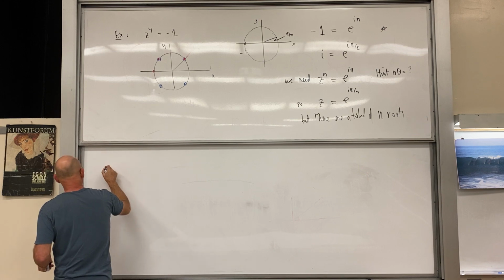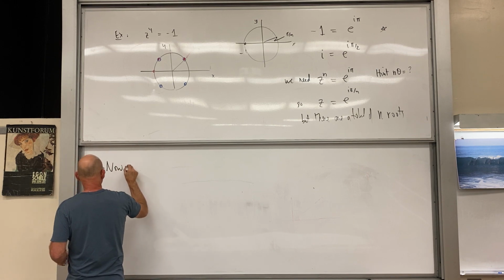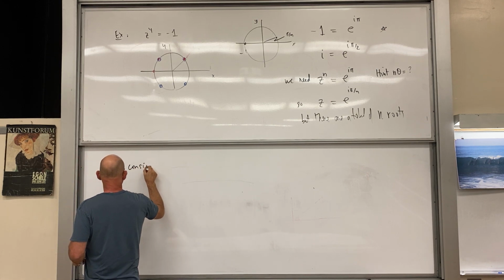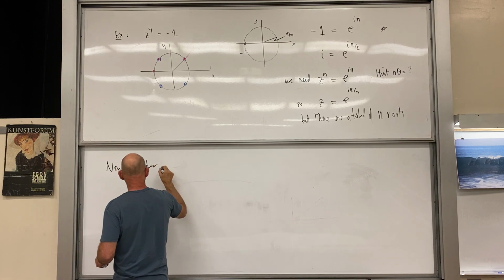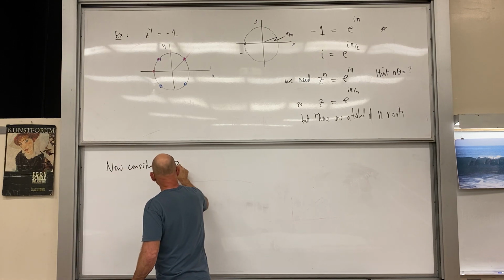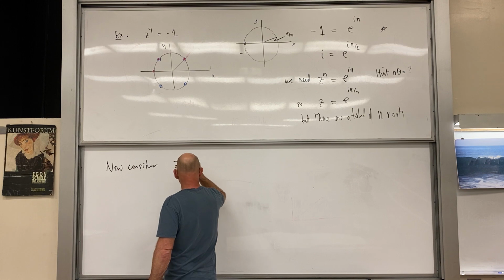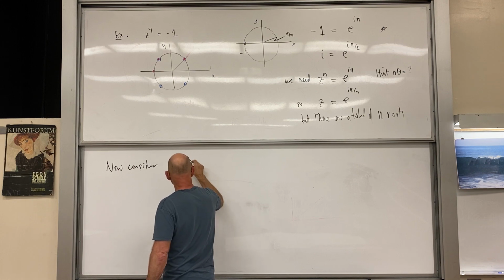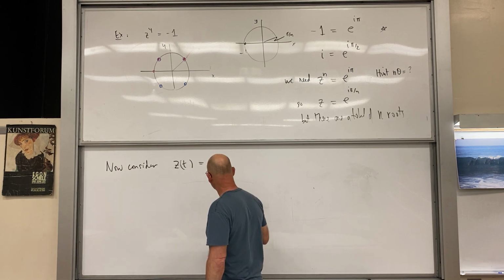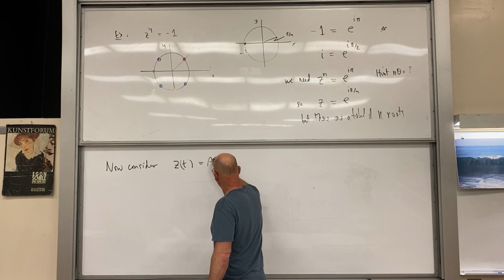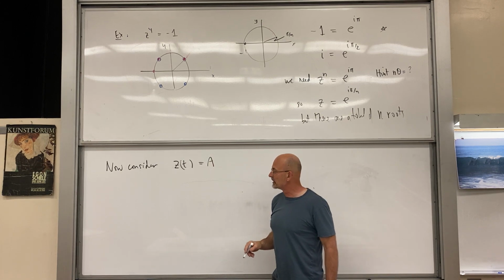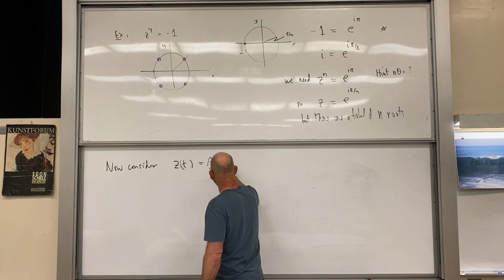Now consider z of t is equal to some constant. I'll make this a real constant, A, e to the i omega t.